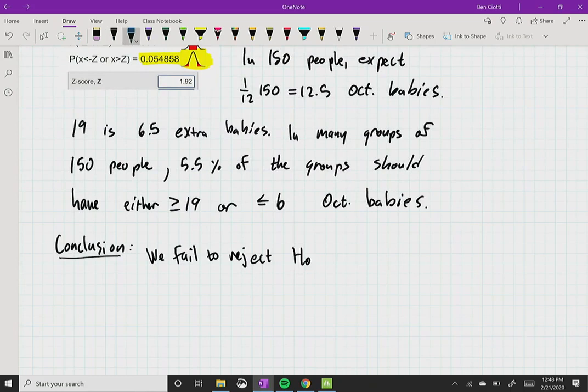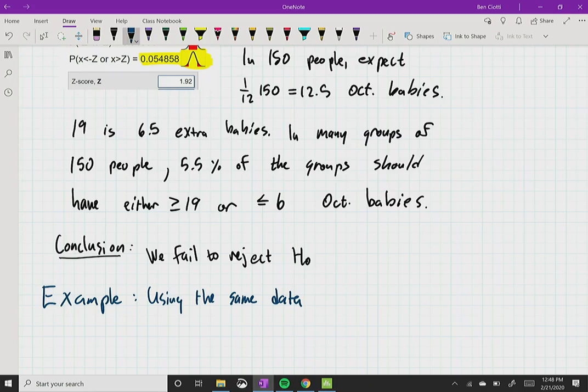But what if I modified the question a little bit? What if now, using the same data, I propose that something's going on in the winter months? I don't know what. Maybe weather's cold and couples are bundled up indoors under the comforter or something. For whatever reason, there's a lot of October babies.